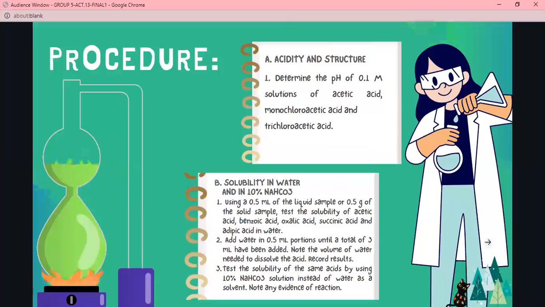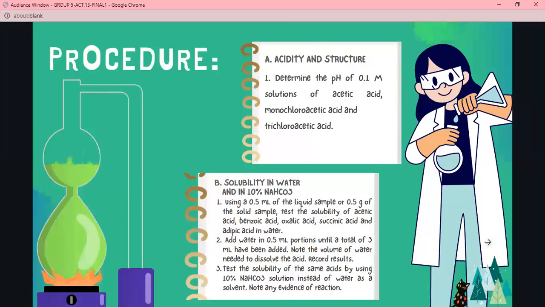For the solubility in water and in 10% sodium hydrogen carbonate, first, use 0.5 ml of the liquid sample or 0.5 grams of the solid sample. Test the solubility of acetic acid, benzoic acid, oxalic acid, succinic acid, and adipic acid in water.